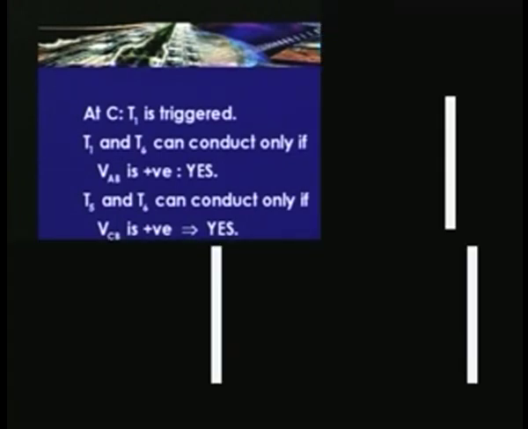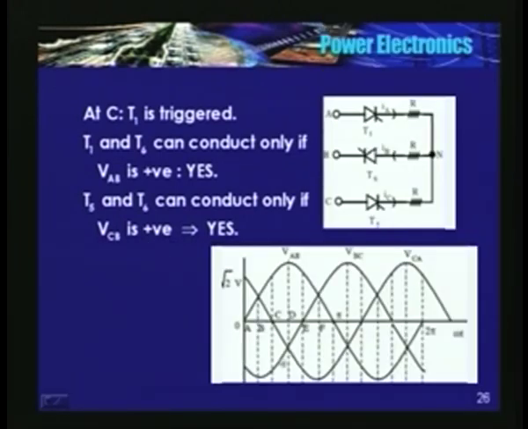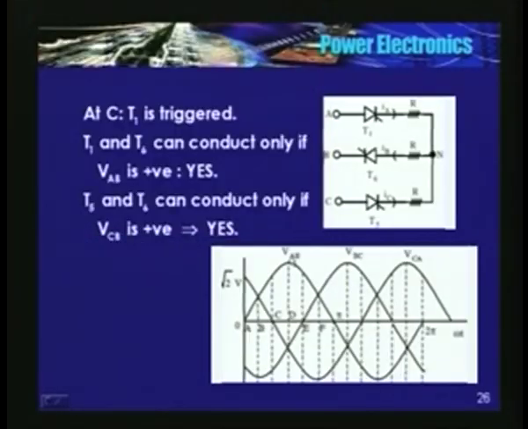So therefore it is possible. So current will start flowing in this direction. Okay. So in this mode, three thyristors are conducting. What are they? T1, T5 and T6.